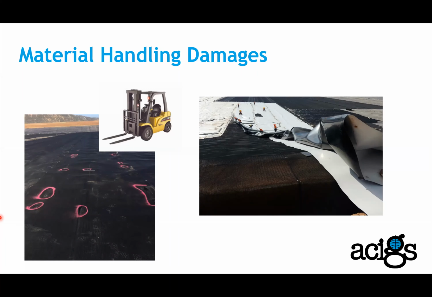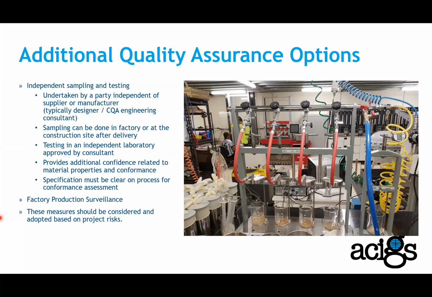Now I want to talk about additional quality assurance options. After the MQC, we get the material on site, but the additional quality assurance option here is doing independent sampling and testing. This is very common in Australia, that we take samples independently from the material and test them in an independent laboratory.